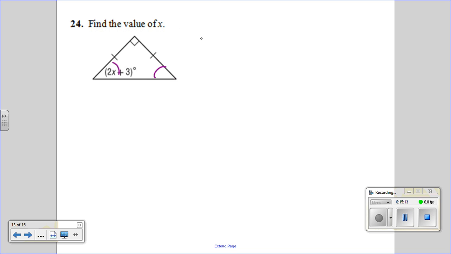So that means we have 2 times 2x plus 3 plus the 90 degrees is 180. In other words, 4x plus 6 plus 90 is 180.